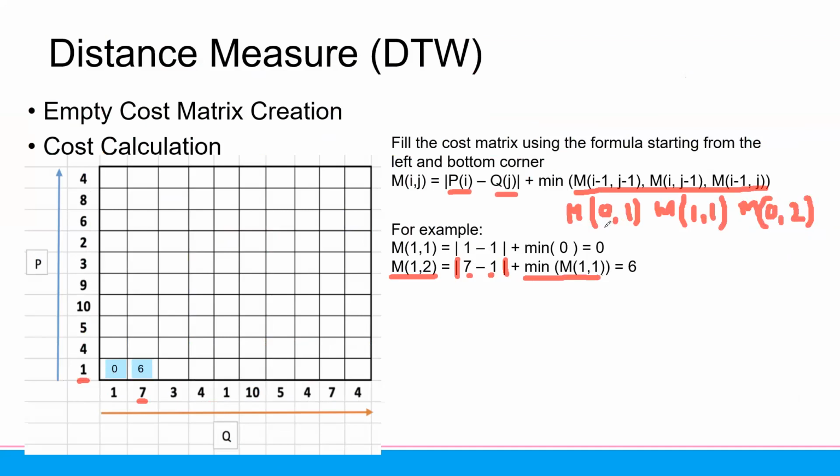Then it is nothing, so we can say it is 0. We have M1,1. This is 0,2, this is nothing. Nothing. Then we will check only based on this one. M1,1. What is 1,1 here? It is 0. Then we have 6 plus 0. Then the result is 6.